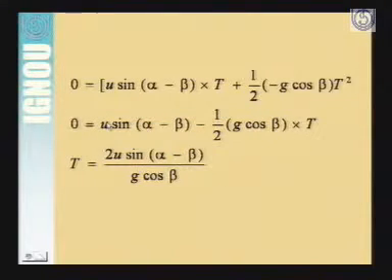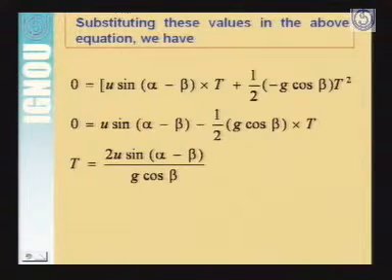Substituting these values, we have 0 equals u sin(alpha minus beta) into t plus half into minus g cos beta t square. From this expression we can find the time of flight, that is T equal to 2u sin(alpha minus beta) divided by g cos beta. This is the time of flight for the projectile while considering the motion on the inclined plane.